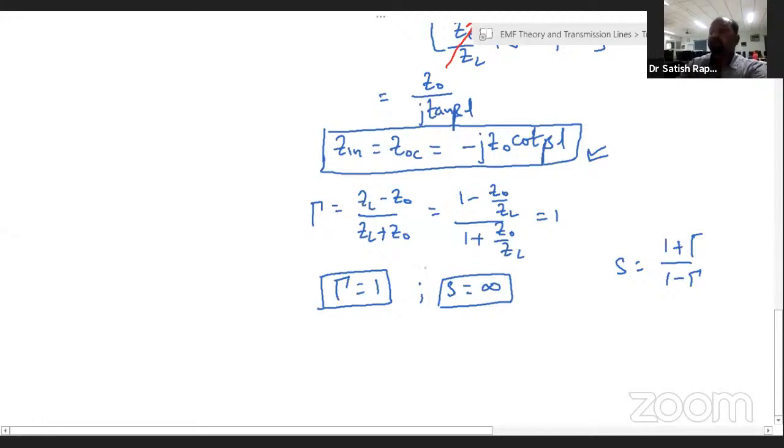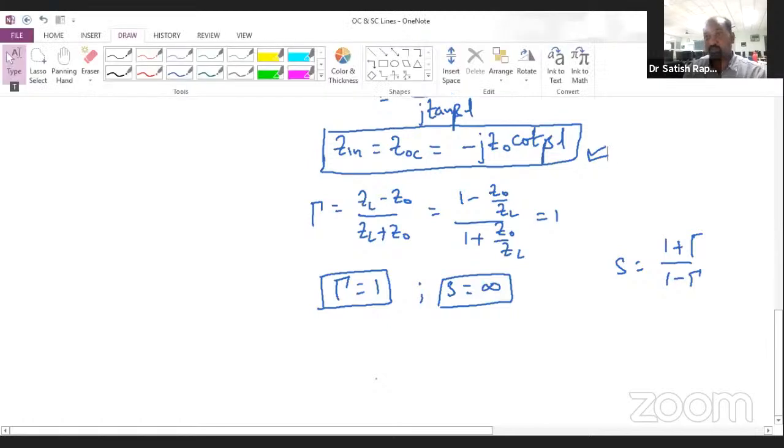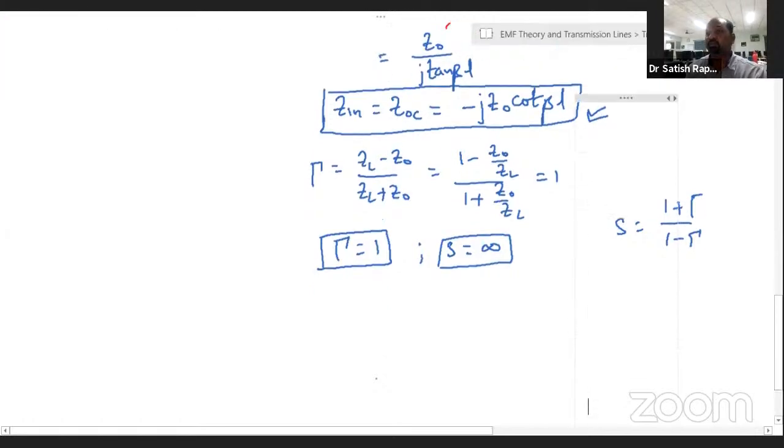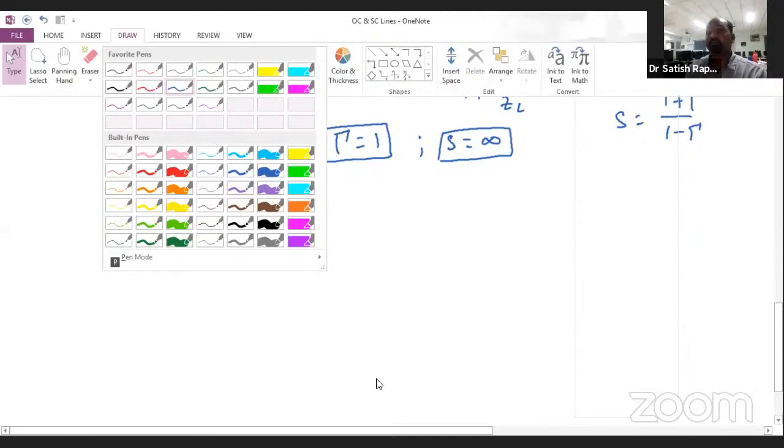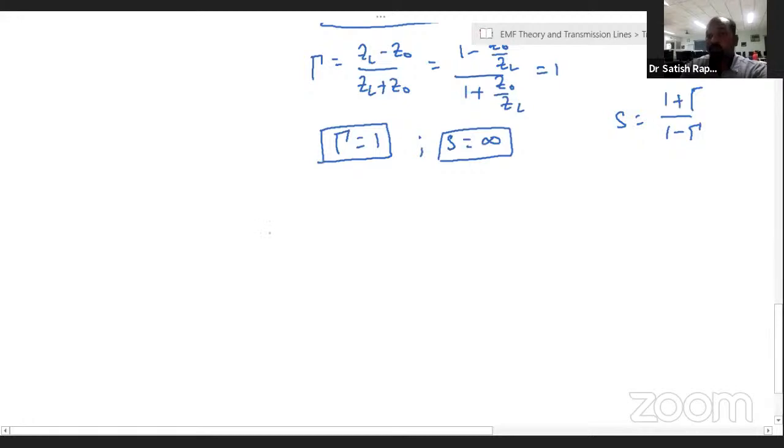Now let us see how input impedance varies with respect to beta L. I will close within 10 minutes. So on the x-axis beta L and on the y-axis ZOC.